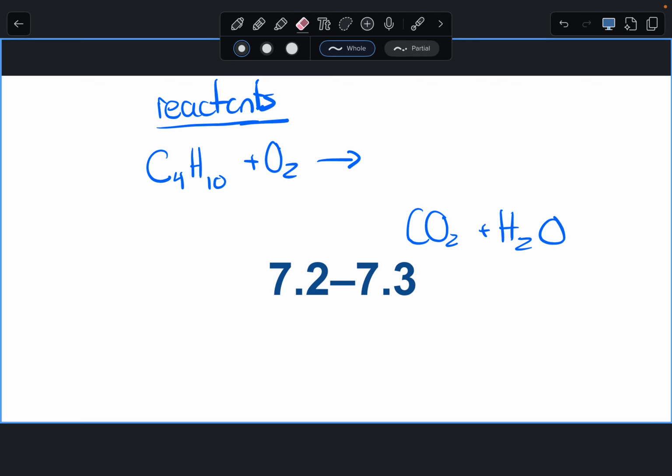Because if heat came off, that must mean some energy was released in the process of turning the butane and oxygen into the CO2 and water. And there's a bunch of different ways that we can represent that. So let's just say the fact that we felt heat coming off of that told us that energy was being released. It was energy in the form of heat.